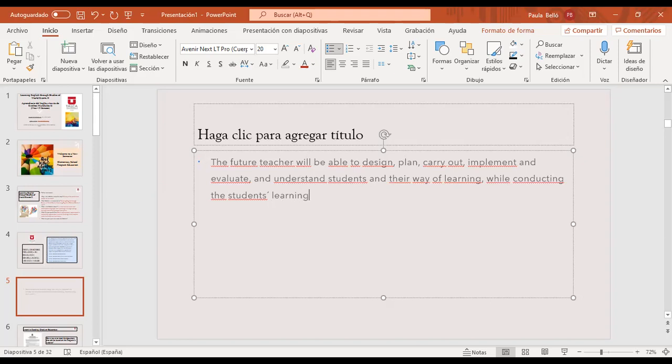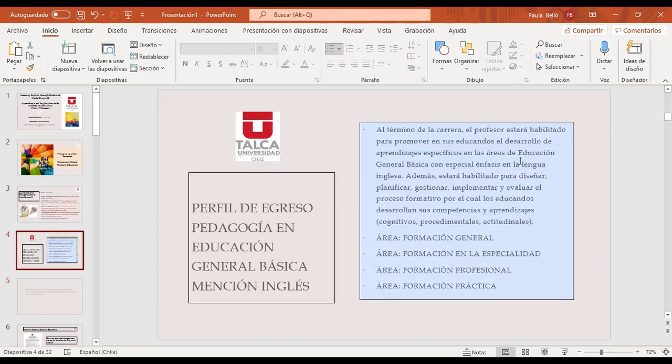Yes, learning process. Excellent. So this is what it says here around general areas.